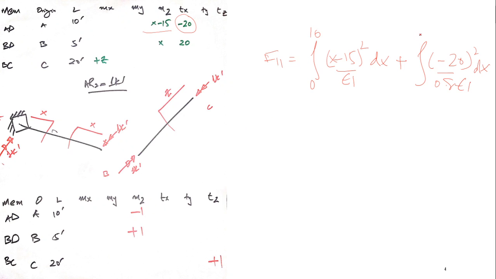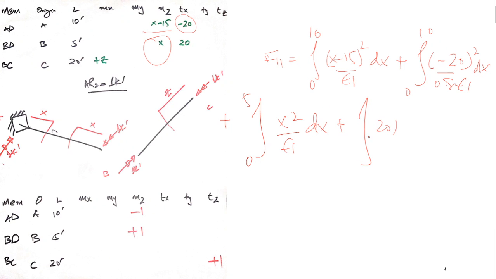The limit would be the same, that is 10 to 0. Next I have x square divided by EI into dx. The limit is 5, this is the length of the section.